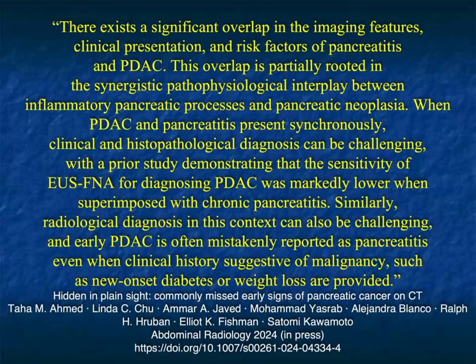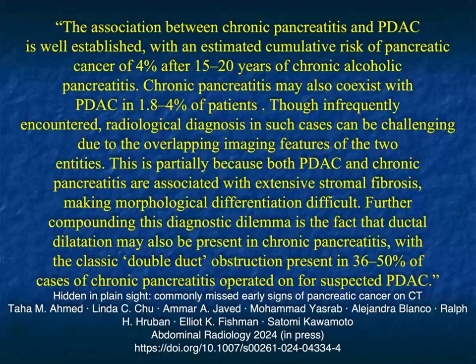Now, the thing is, the CA19-9 can be elevated in autoimmune pancreatitis. Patients have weight loss, patients have abdominal pain, and it's often very challenging. Again, new onset diabetes or weight loss can occur more commonly in pancreatic cancer, but can occur also in pancreatitis. And again, there's a cumulative risk of pancreatic cancer of about 4% after 15 to 20 years of chronic pancreatitis. So we need to be much more careful in those patients.